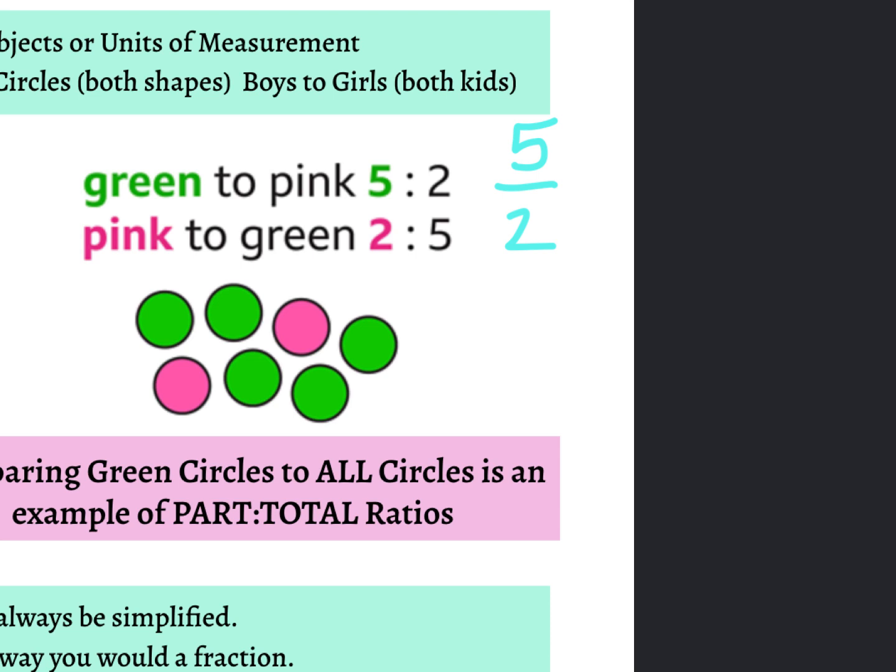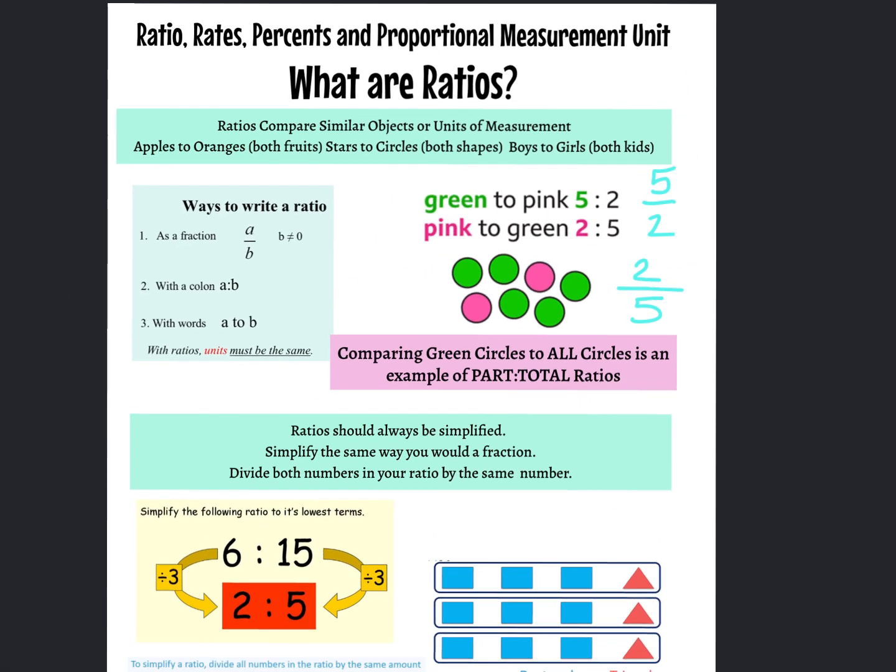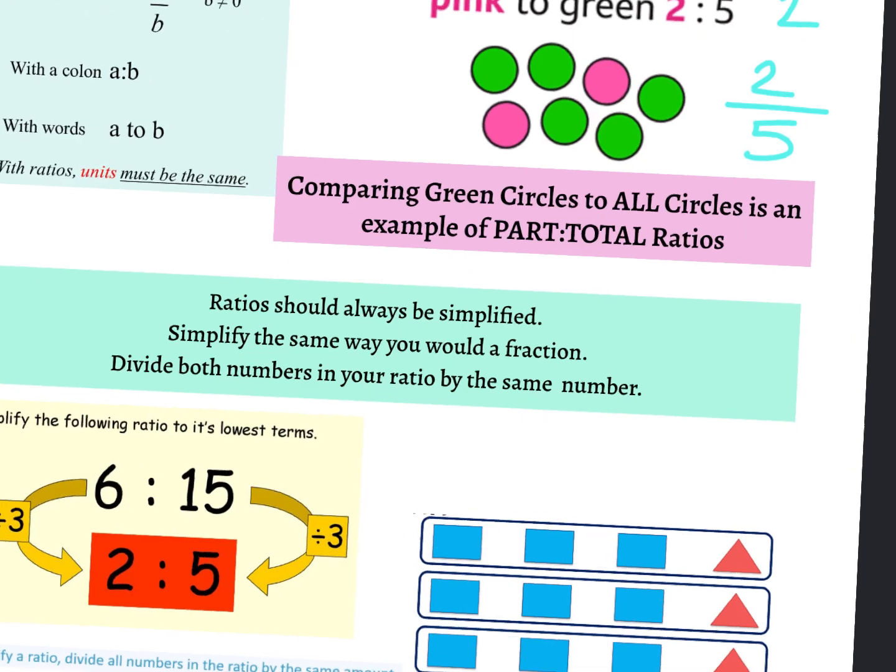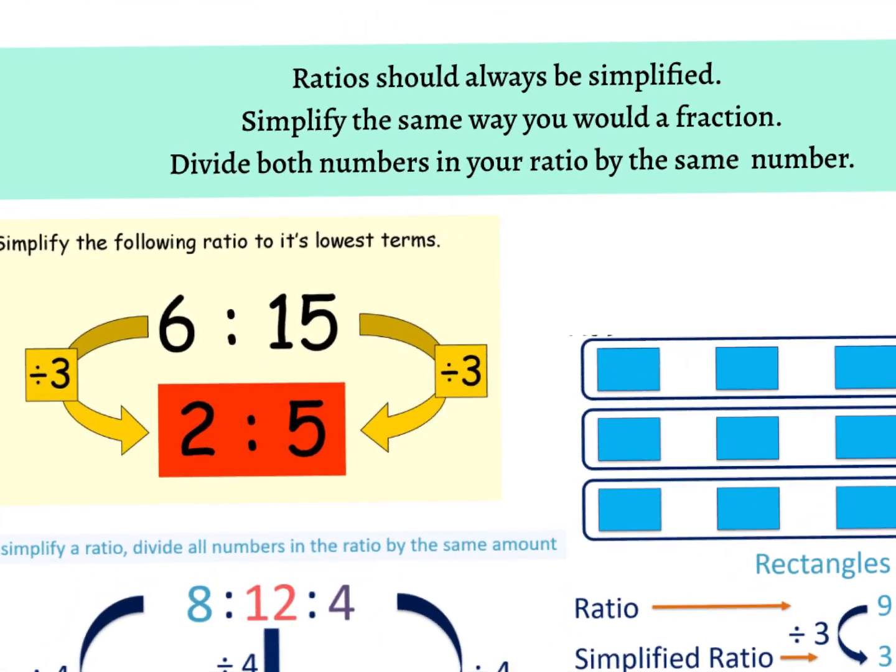If I was doing the pink to green, I could say 2 pink circles to 5 green circles. Nothing like rocket science here, right? You're basically just counting and making sure you know the 3 different ways that you could write it as a ratio, okay?